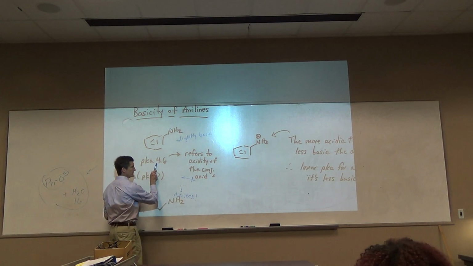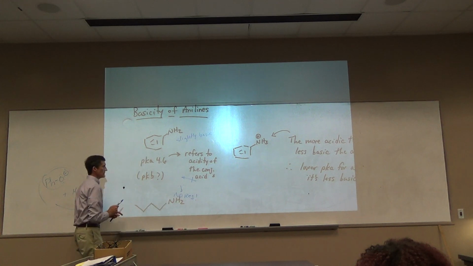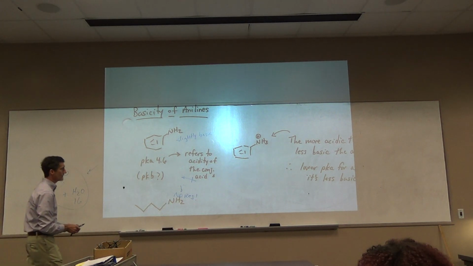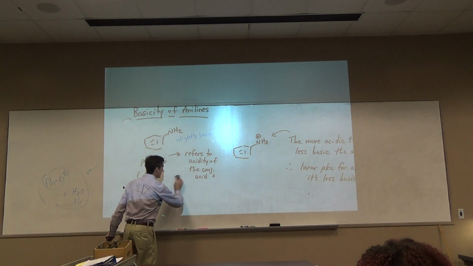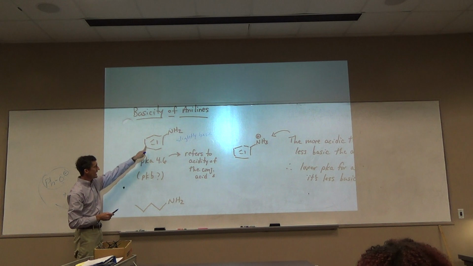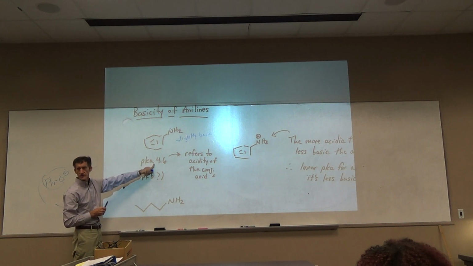The pKa is 4.6. This refers to the conjugate acid because we don't use pKb's in organic chemistry. But you've got to know how a pKa works. If the pKa went higher, does that mean this is more or less basic? More basic. Yeah, more basic, the pKa would go higher. You've got to get that straight.